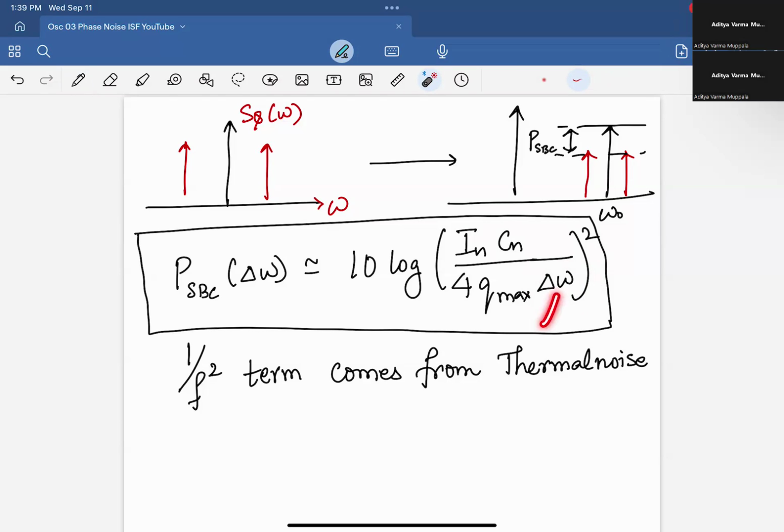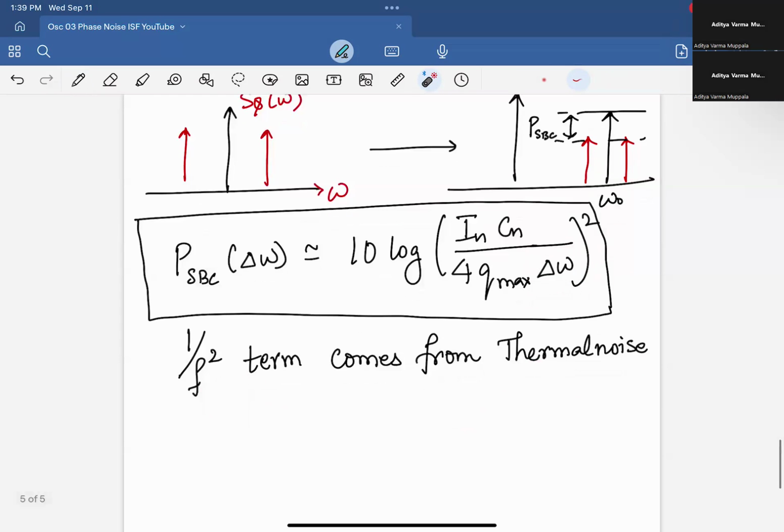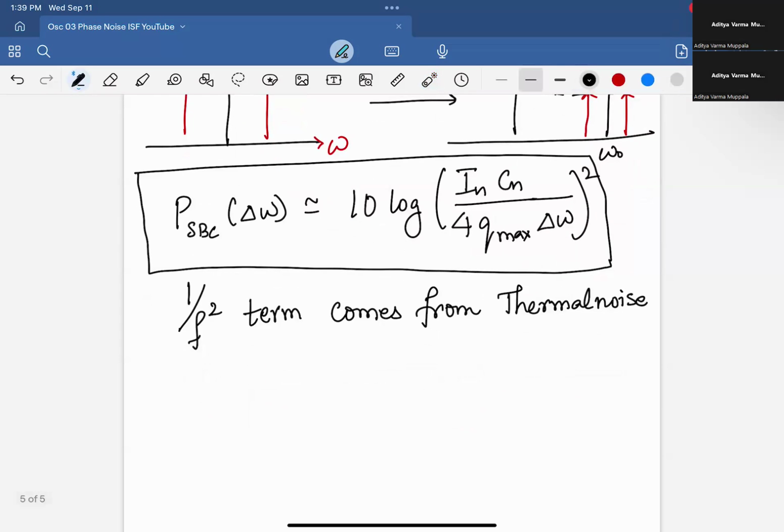That's why we got this 1 over delta omega squared. So that's why thermal noise in the circuit gets modulated up to the 1 over f squared term. And we'll see that the 1 over f term, the flicker noise, becomes 1 over f cubed. That should be somewhat straightforward, but we'll derive it.